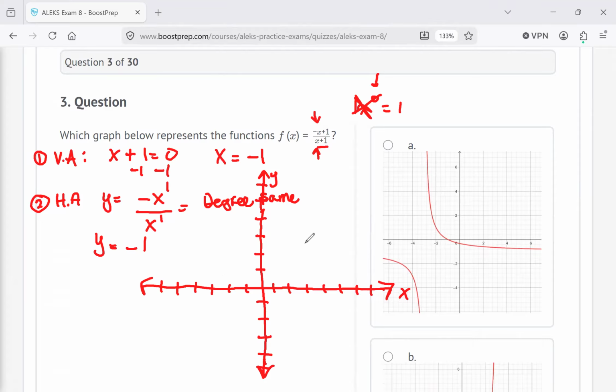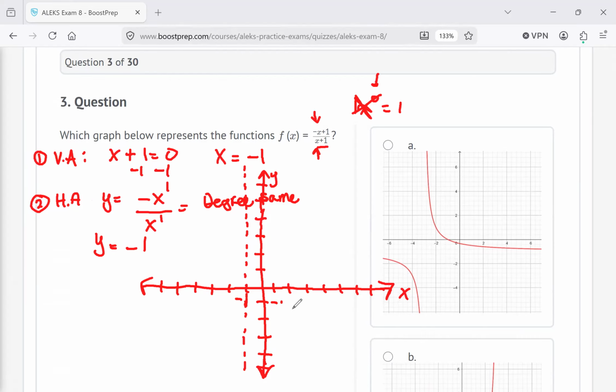So let's see here. My vertical asymptote is negative 1. So here's negative 1, and then do a dash line like that. And my horizontal asymptote is y equals negative 1. Maybe I should use a different color, but blue.